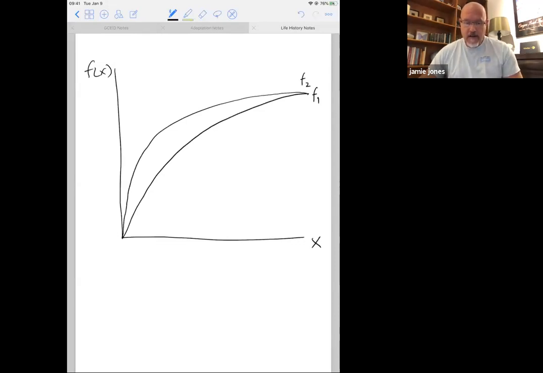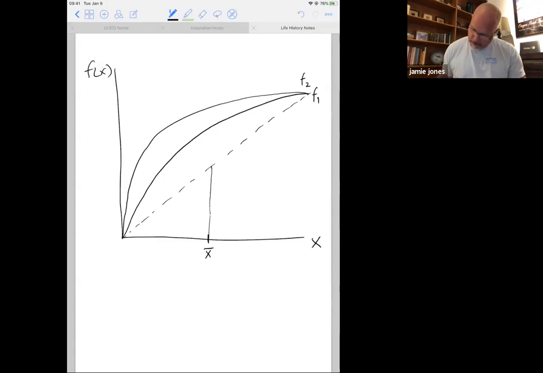Note that they start and end at the same place. So they're going to have the same value of x bar here, and they're both going to have the same mean fitness.